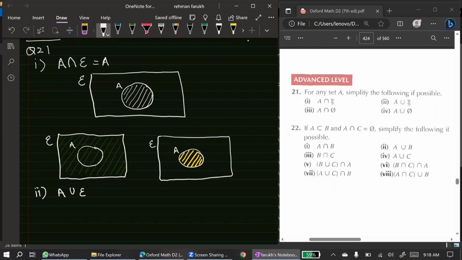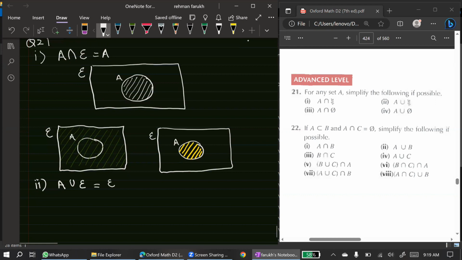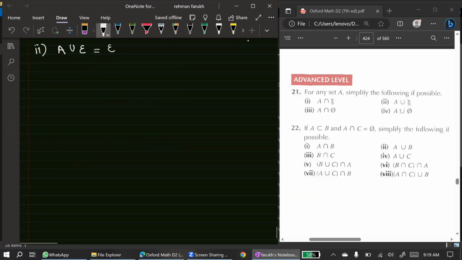Now what is the answer when we unite these two areas? The universal set. Is there any confusion? No, sir. This one is the answer.